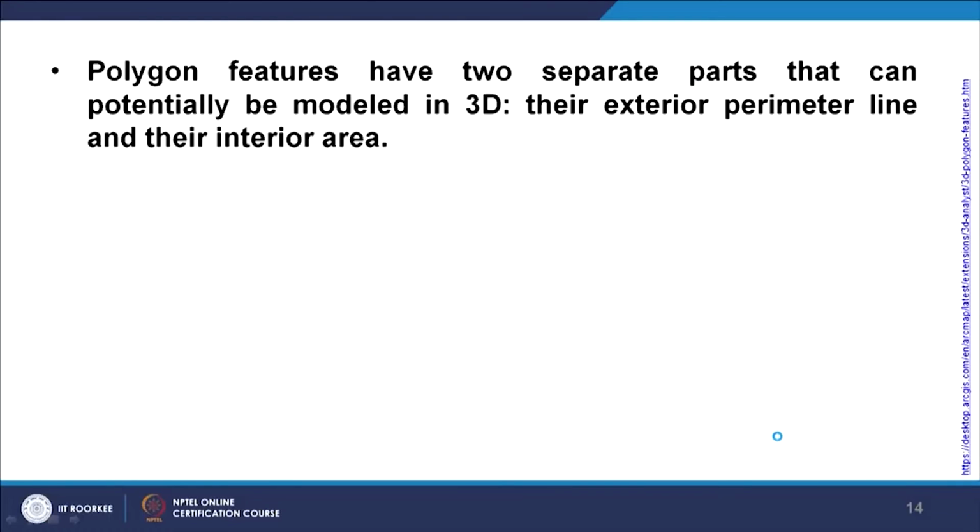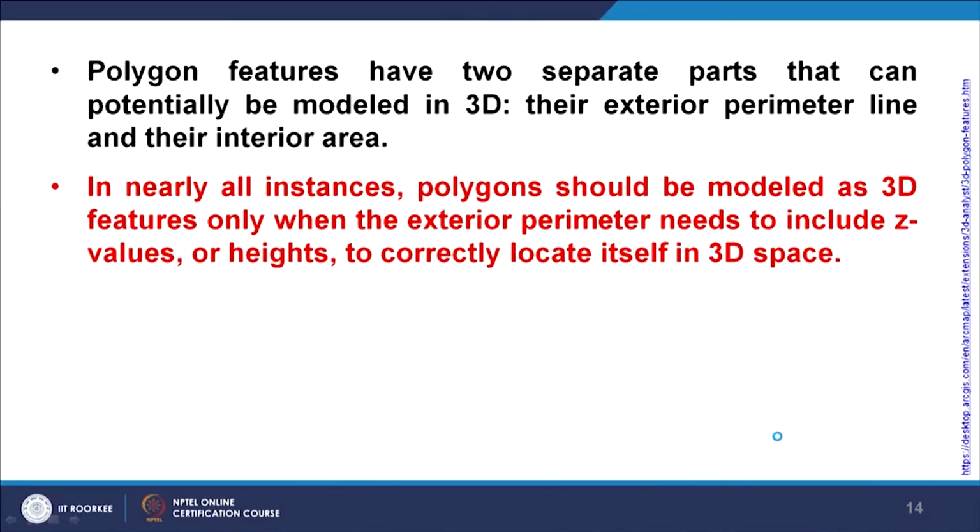Now, as I have already touched upon, just to recap, polygon features have 2 separate parts that can potentially be modeled in 3D: their exterior perimeter line and their interior area. Because outside is open, there we cannot have a perimeter. For inside we can definitely measure the area, but the information for outside is also stored. And in nearly all instances, polygons should be modeled as 3D features only when the exterior perimeter needs to include a Z value.